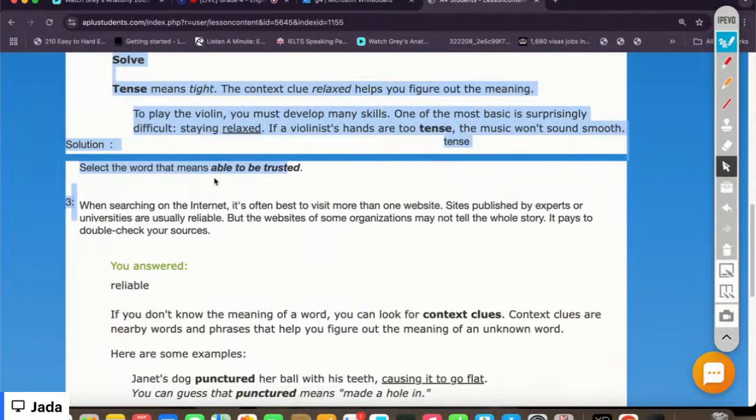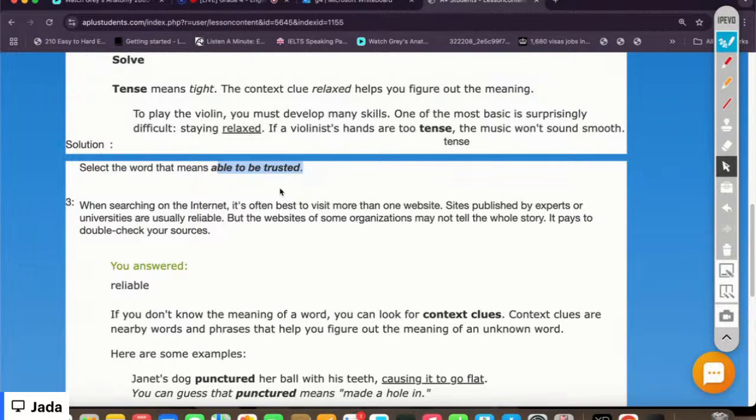All right, so we have select the word that means able to be trusted. Alright, so when searching on the internet, it is often best to visit more than one website.